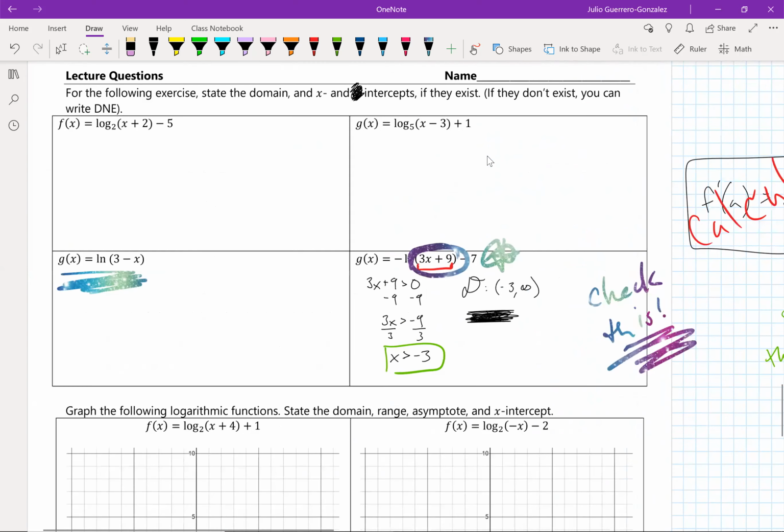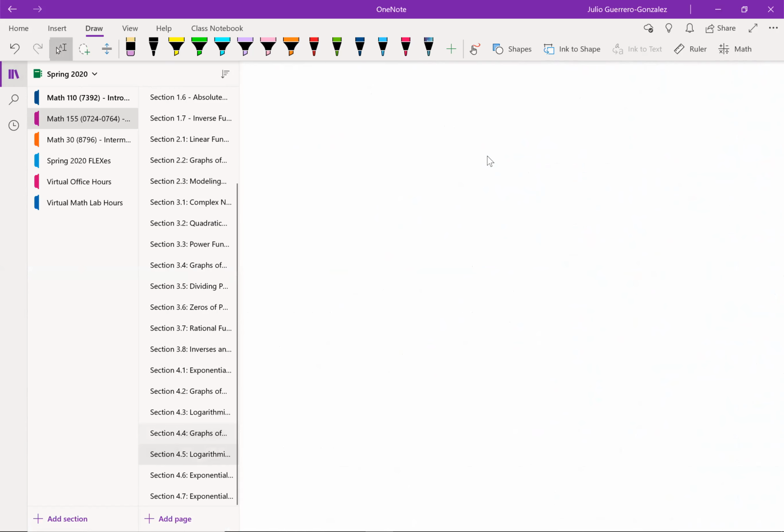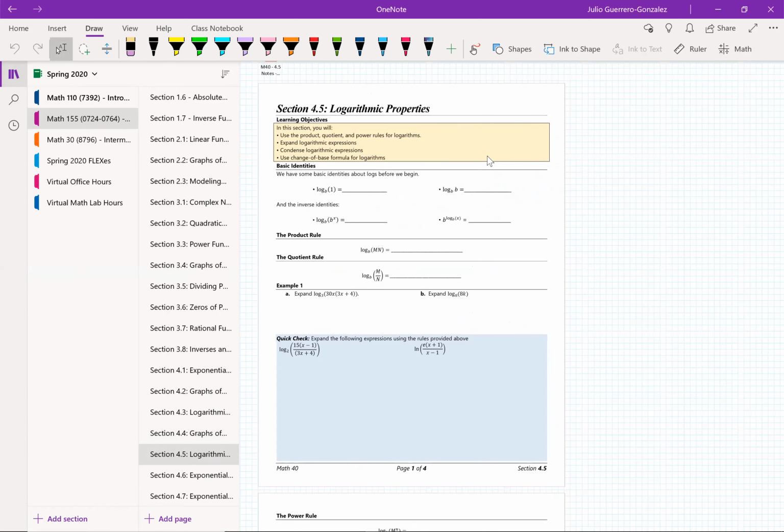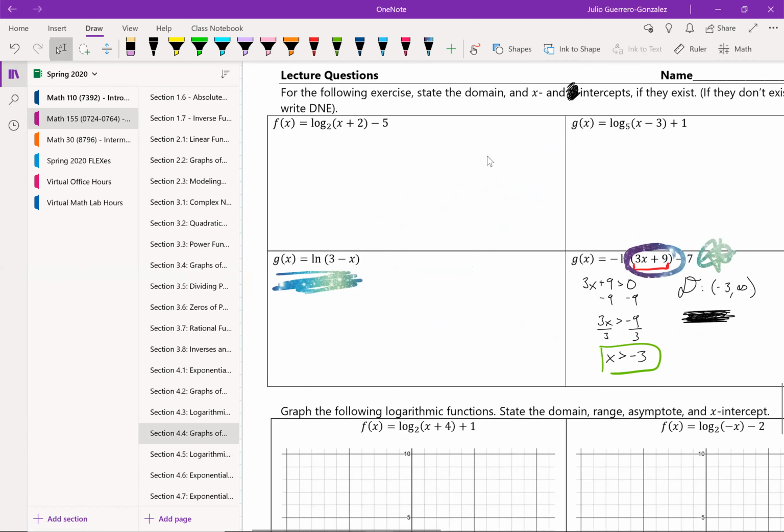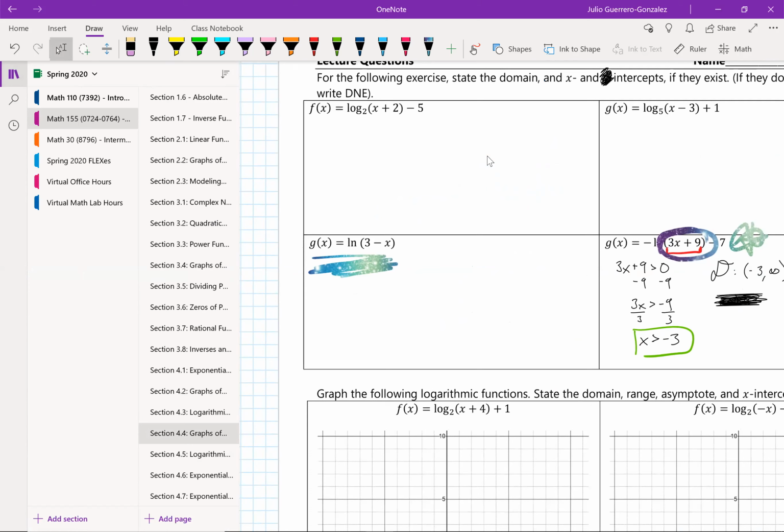All right. Are there any more questions? Could you do question 3 real quick? Number 3. Which one is 3? The LN one. Ah. All right.